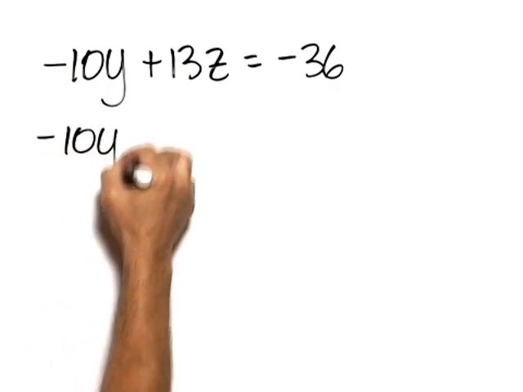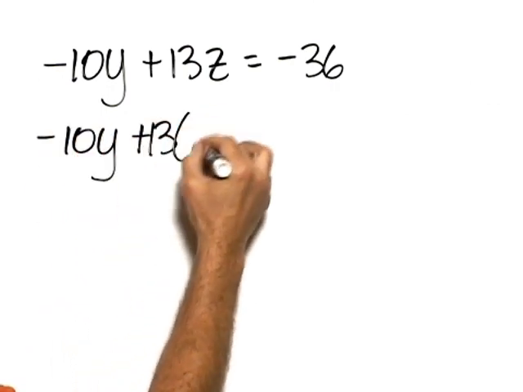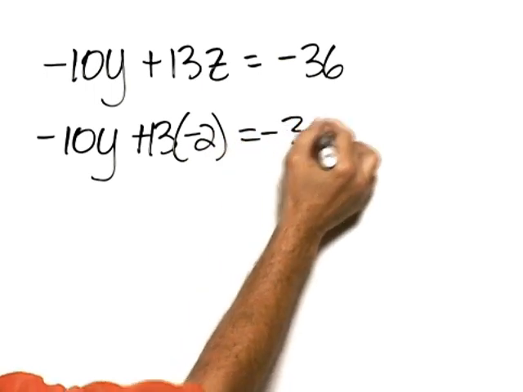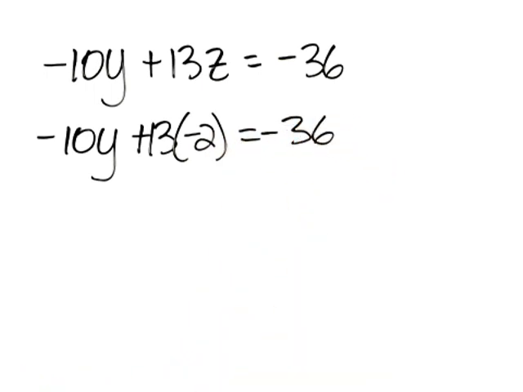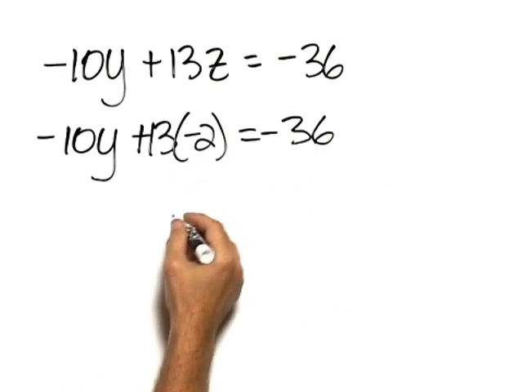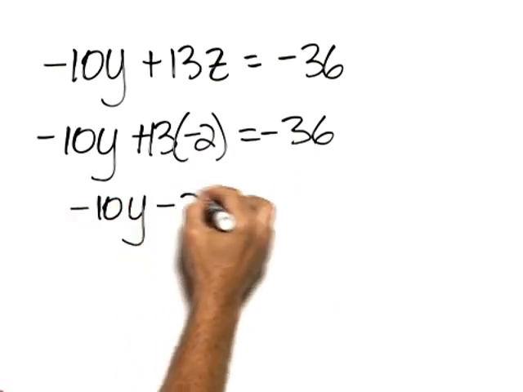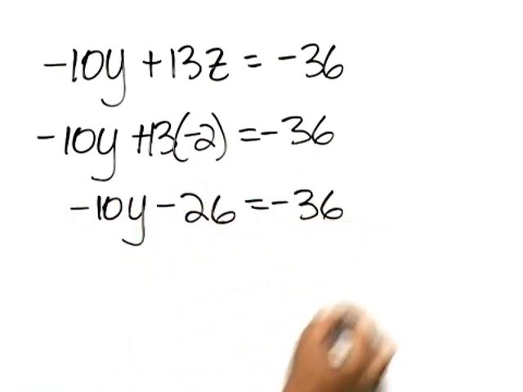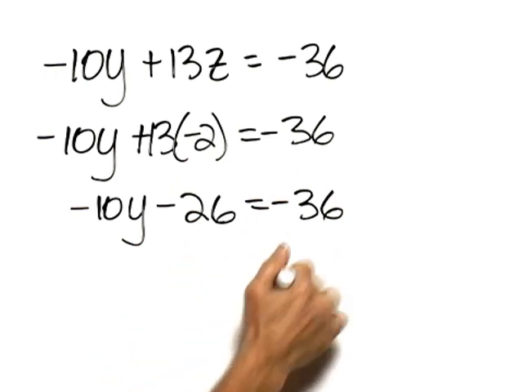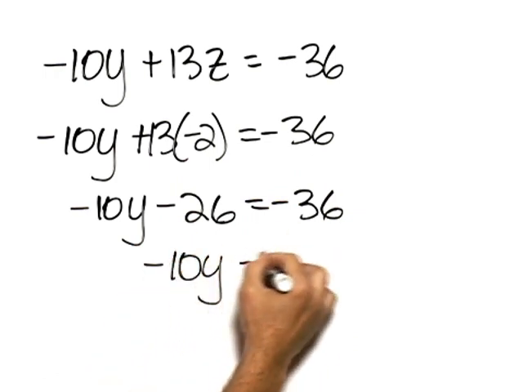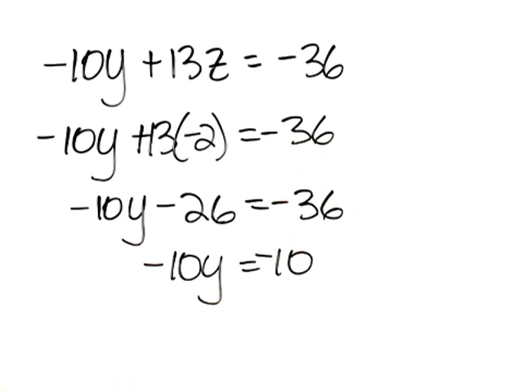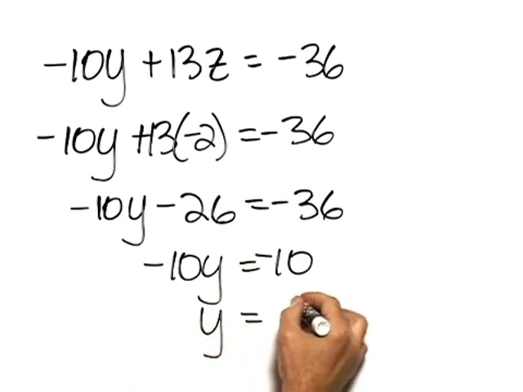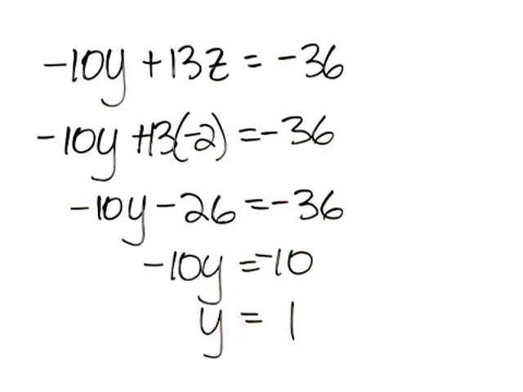So -10y + 13 times -2 equals -36. This is -26, so -10y - 26 equals -36. Let's add 26 to each side, so -10y equals -10. That means y is equal to 1 because -10 divided by -10 is 1.